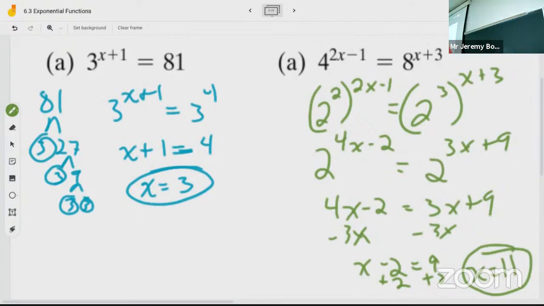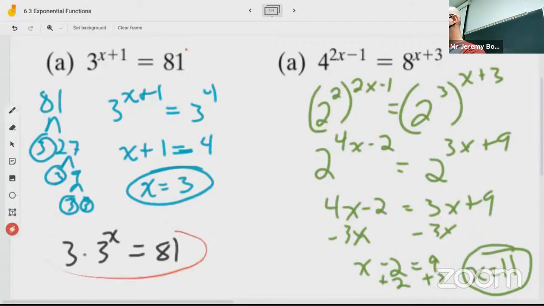All right, so one thing I would like to ask is this problem here. Is this the same problem as this one?